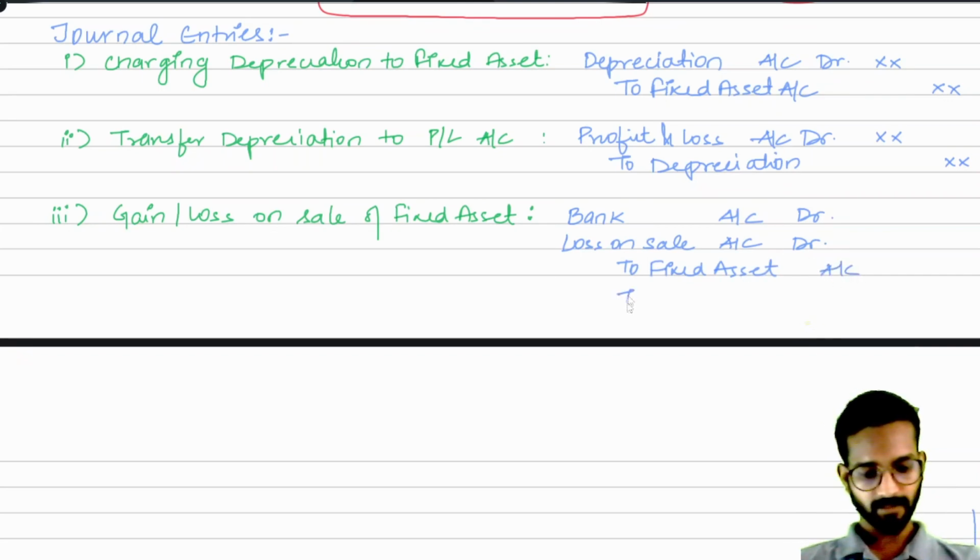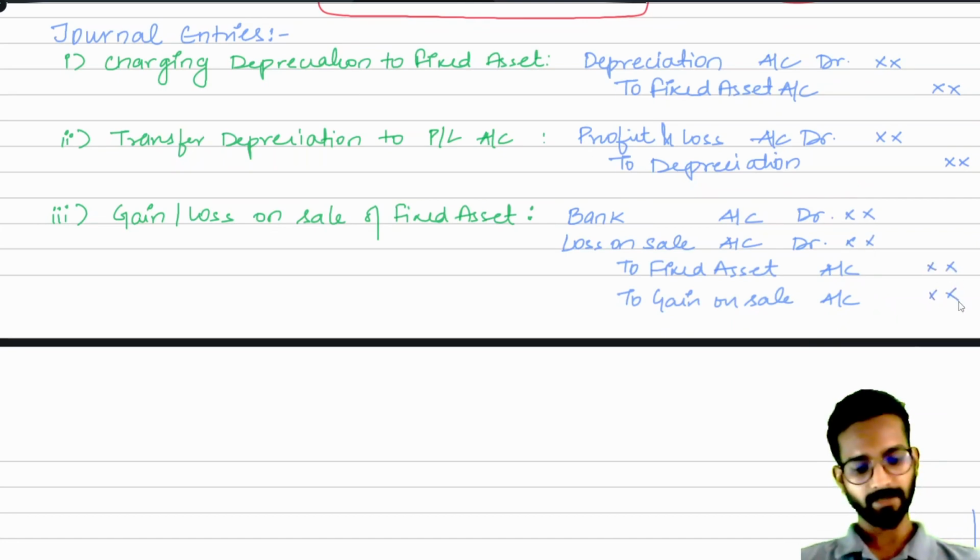If there is gain, to gain on sale account. Simple enough. This is your journal entry.